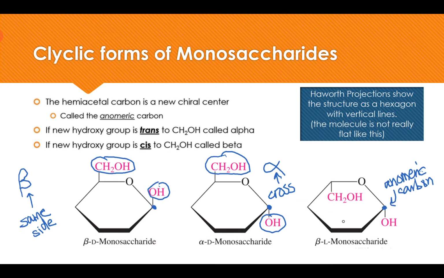That holds true even if you have an L isomer. So for instance, in this last picture here, they are on the same side of the ring. It's not just a matter of whether this is going down or up. They're both down, and that makes it the beta form.